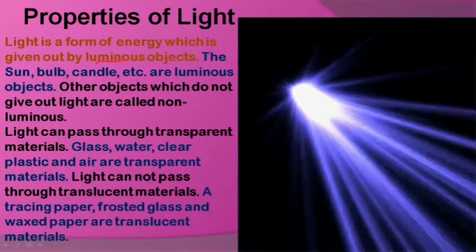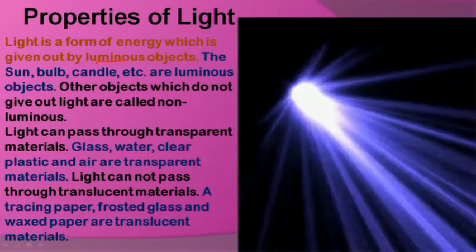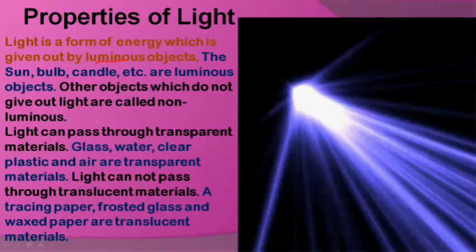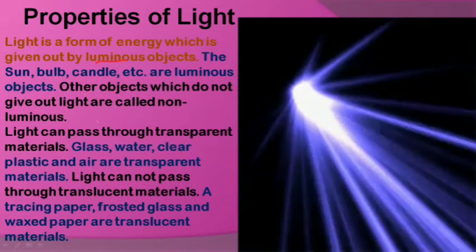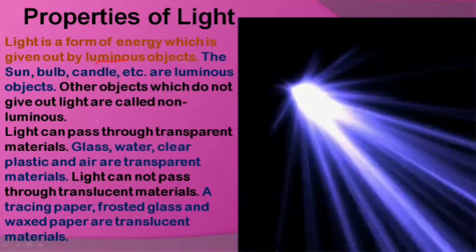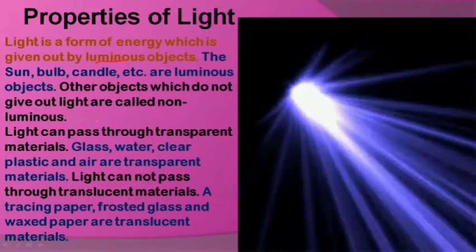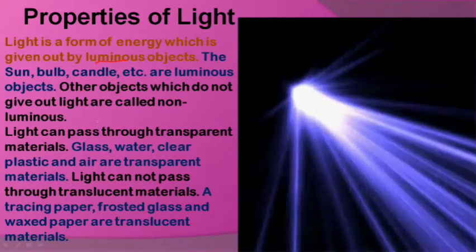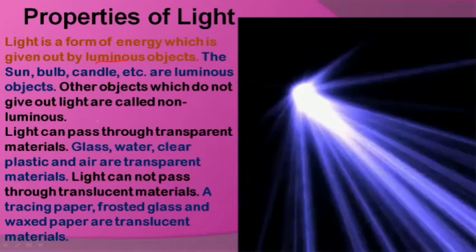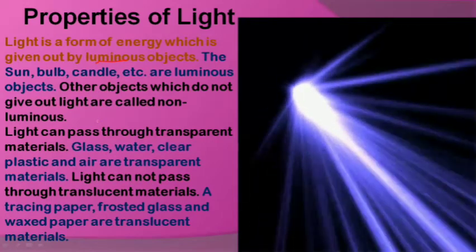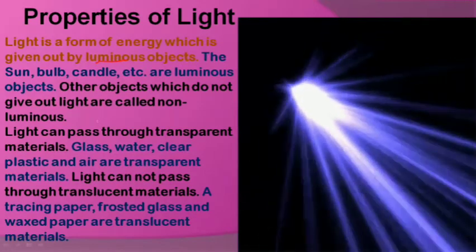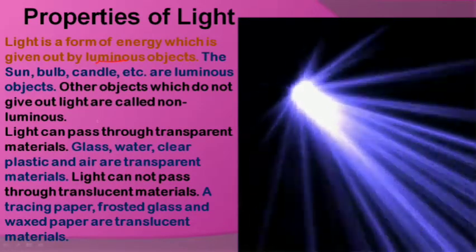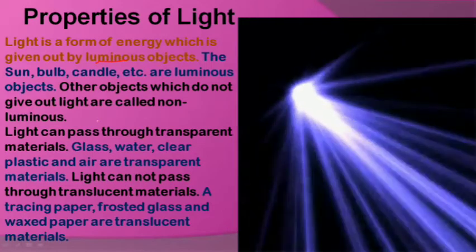Some objects do not give off light, and those are called non-luminous objects. Like paper, wood, a mat, clothes, and a wall. These are non-luminous objects.